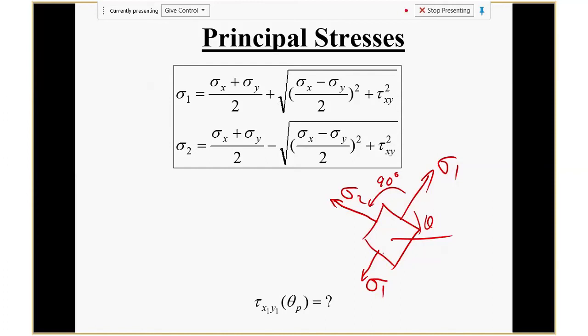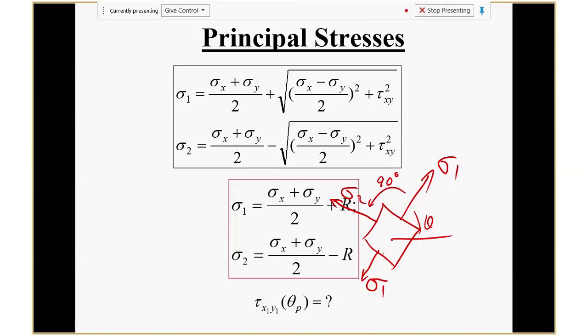Actually, they're 90 degrees apart, so once you give me one, I know the other one. When you solve a homework problem, you can just give me one, say it goes this much, that will be the maximum value. Now I know at 90 degrees will be the other one. Okay, so any questions about the maximum and minimum?